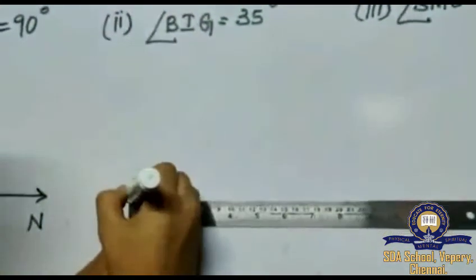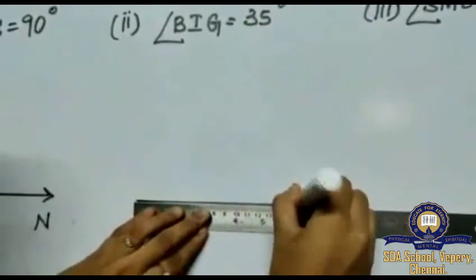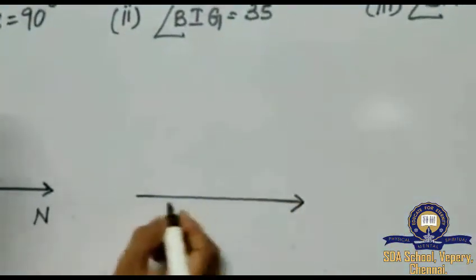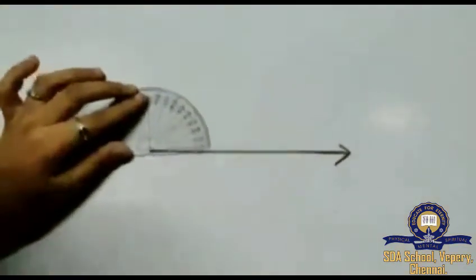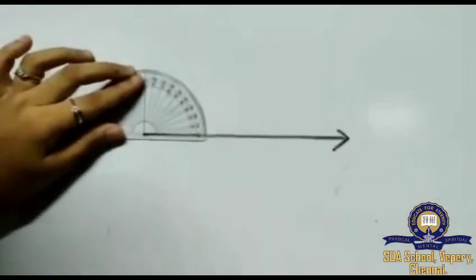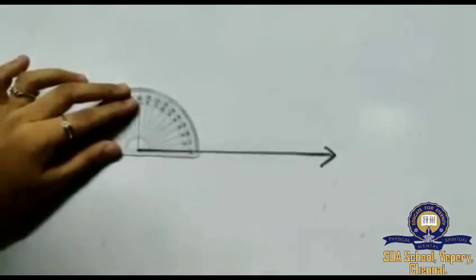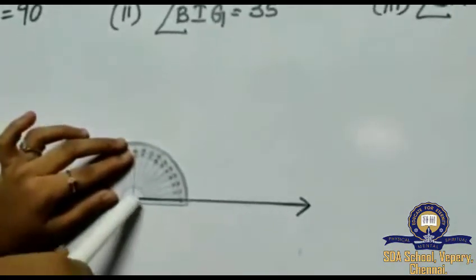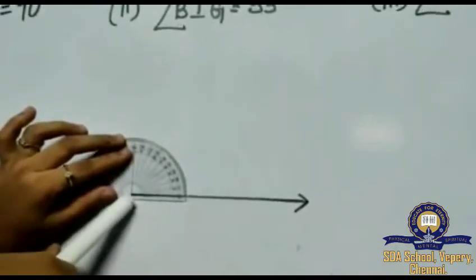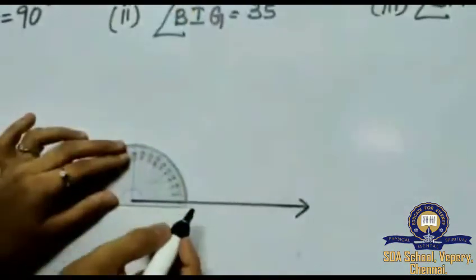Similarly, I'm going to draw a line of any measurement and place the protractor over here. The center of the protractor must coincide with the starting point of the line. They are asking 35 degrees.